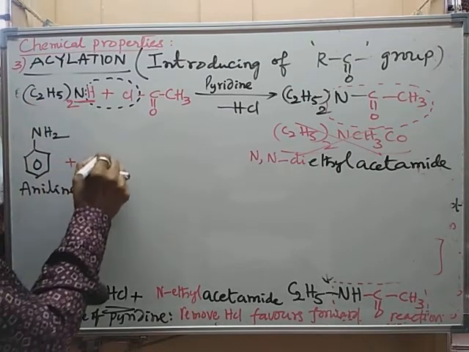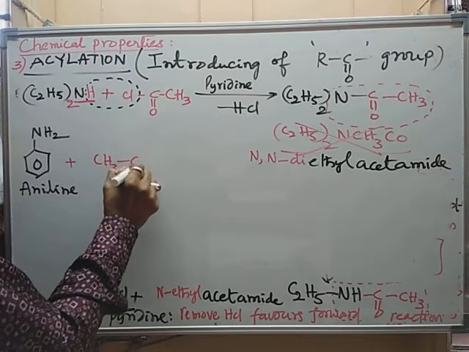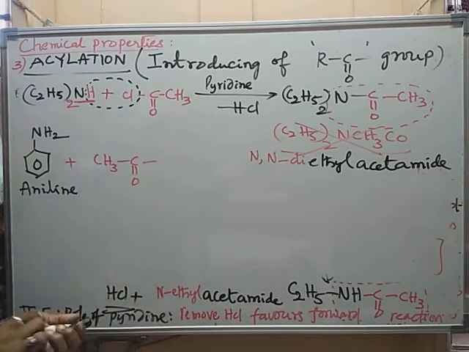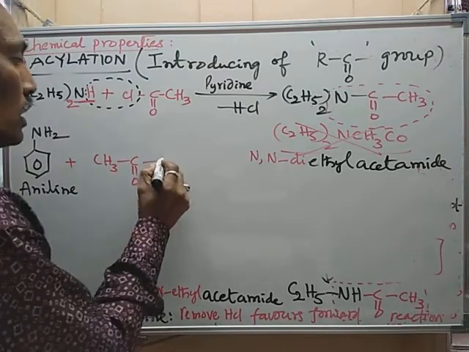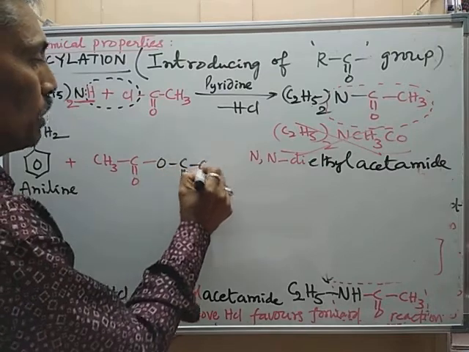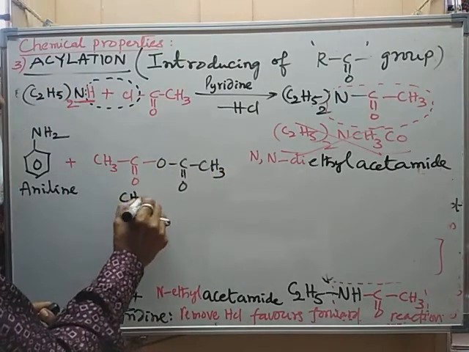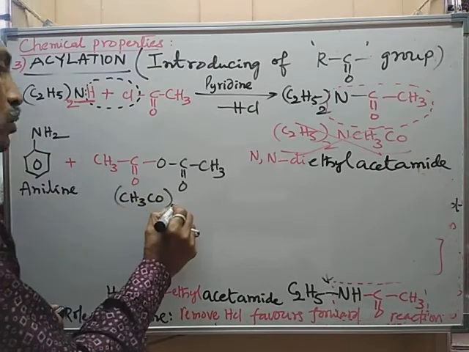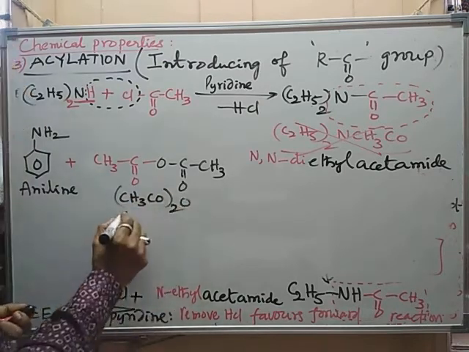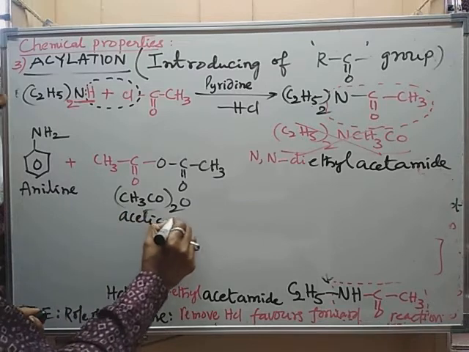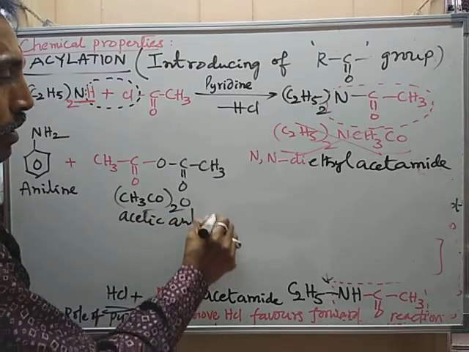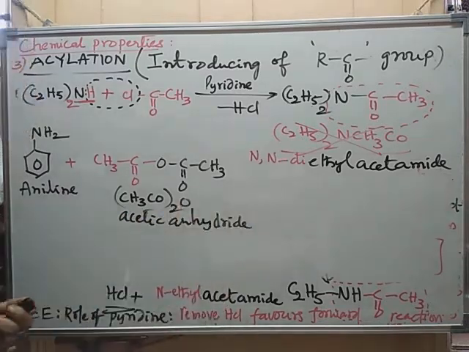This is with CH3 C double bond O, O, CH3. What is the name? This is a big structure. You can also simplify this one: CH3CO taken twice with O. Its name is acetic anhydride. Right.